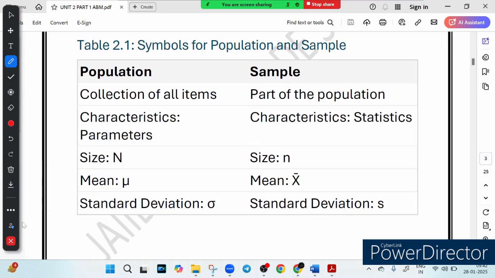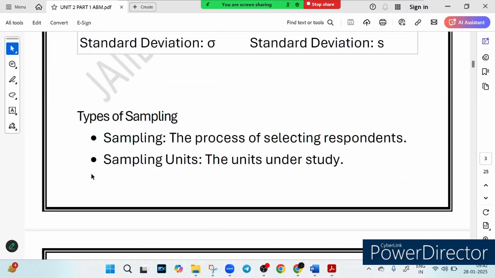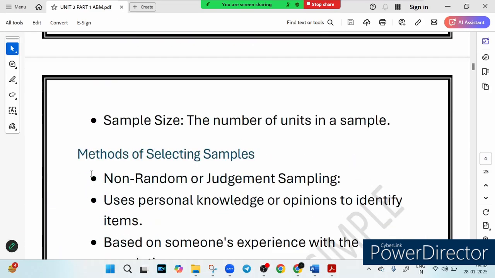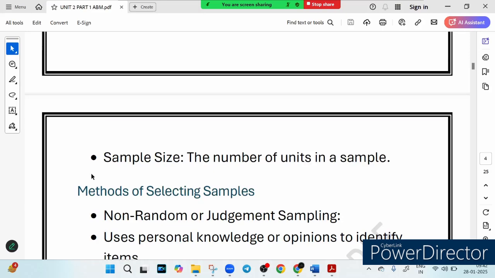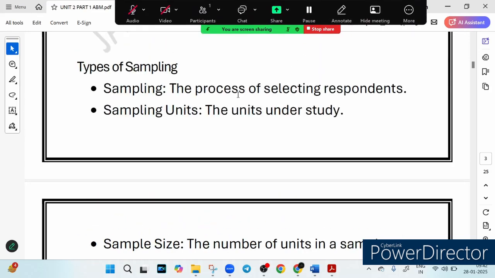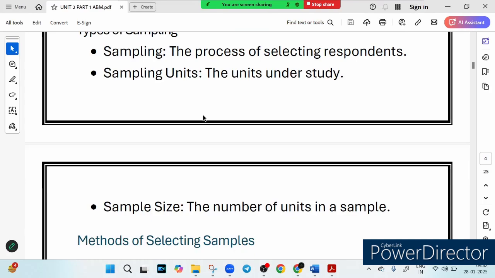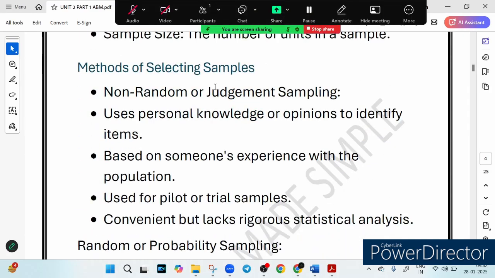Now let's come to the next point, which is regarding random or probability sampling. Types of sampling, which we are going to discuss, are of two types. Before going to that, let me tell you that the sampling unit is the unit we study, and sampling is a process of selecting respondents. There are two methods of selecting the sample. The first is called non-random or judgment sampling, which uses personal knowledge or opinion to identify items.